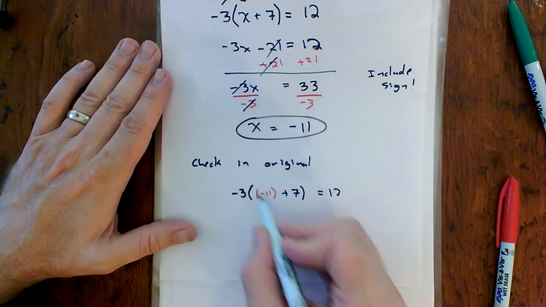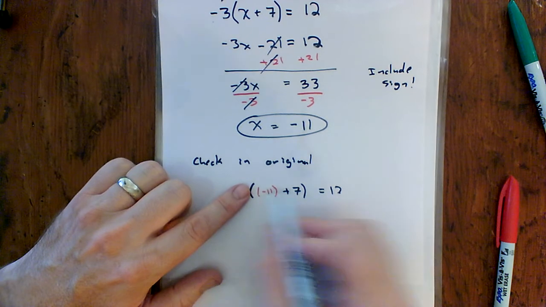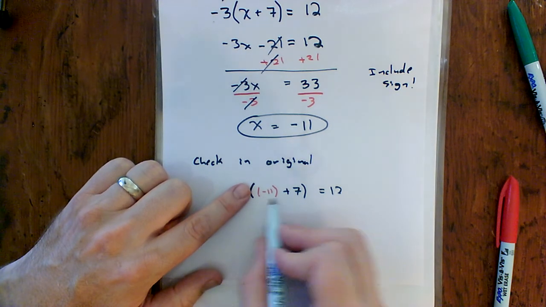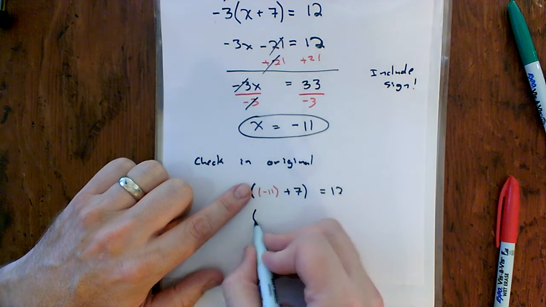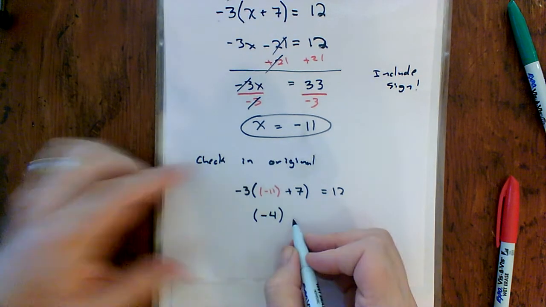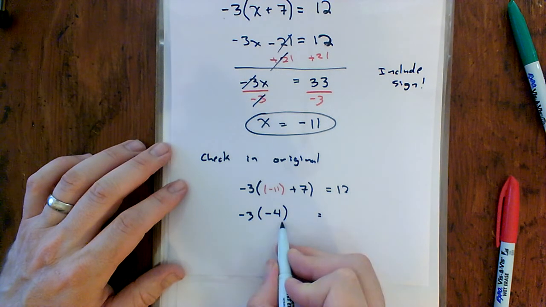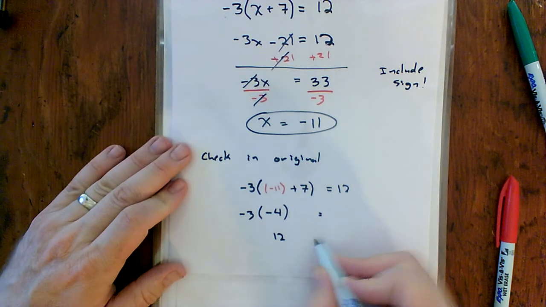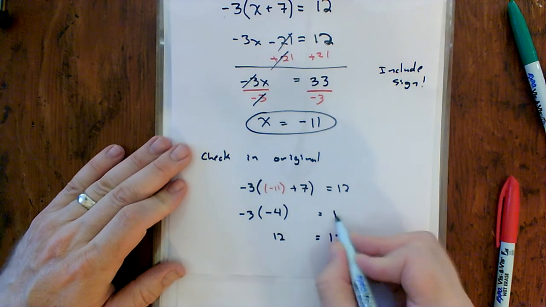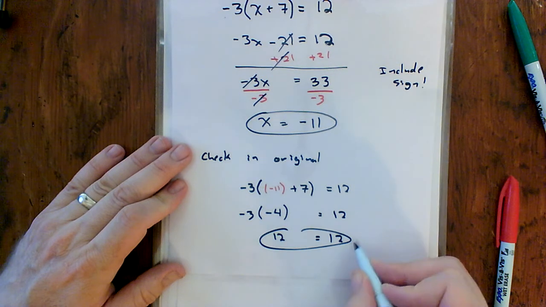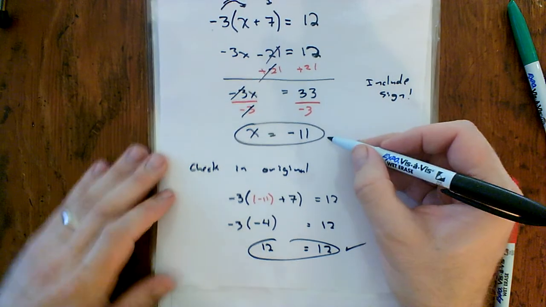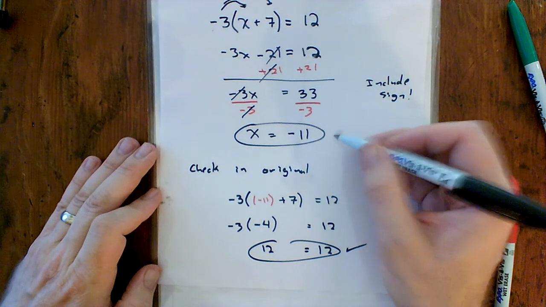Our order of operations says we deal with what's inside our set of parentheses first. So -11 plus 7 is going to be -4. -3 times -4 is going to be a positive 12, and that looks like good math to me. 12 is in fact equal to itself. Our answer checks out. So our answer is x equals -11.